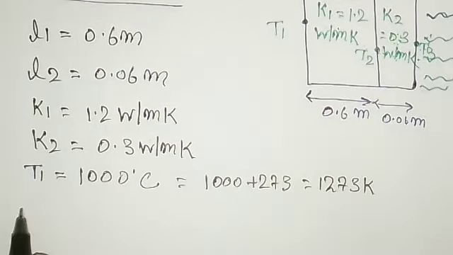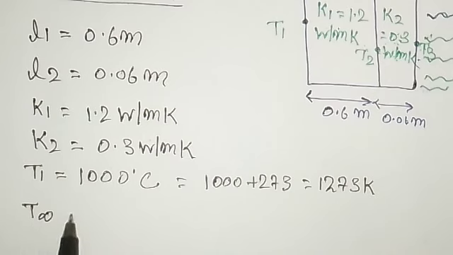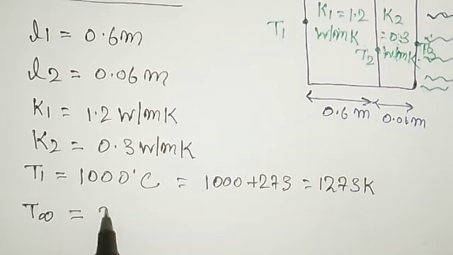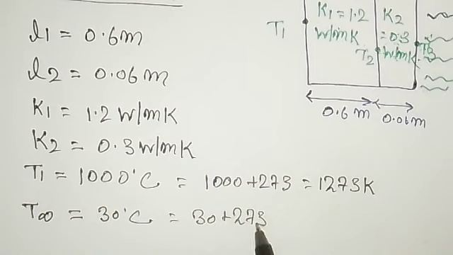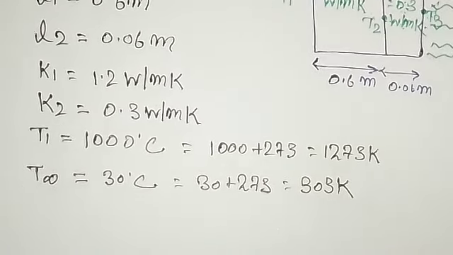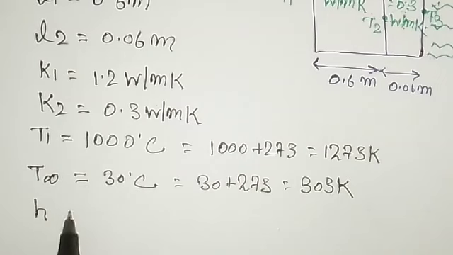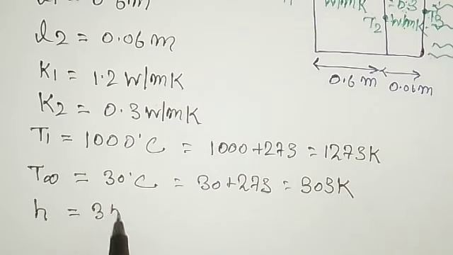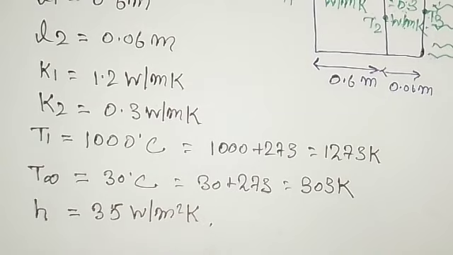Then the surrounding temperature, the air temperature, is given, which is 30 degrees centigrade. So it will be 30 plus 273, which is 303 Kelvin, right? And the heat transfer coefficient of air is given, which is 35 watt per meter square Kelvin.